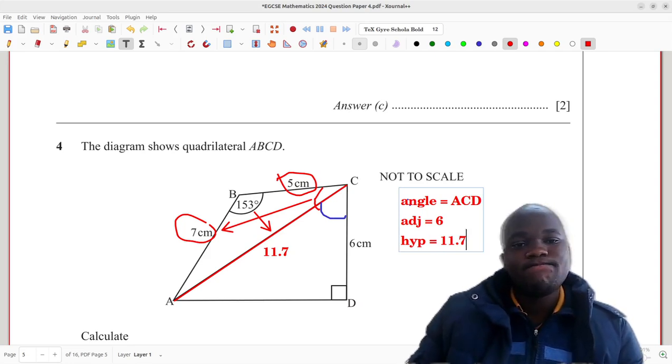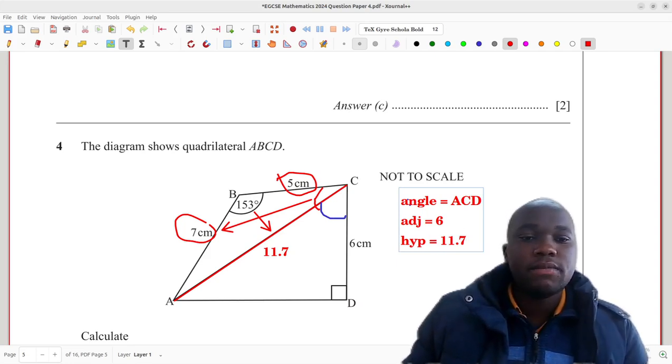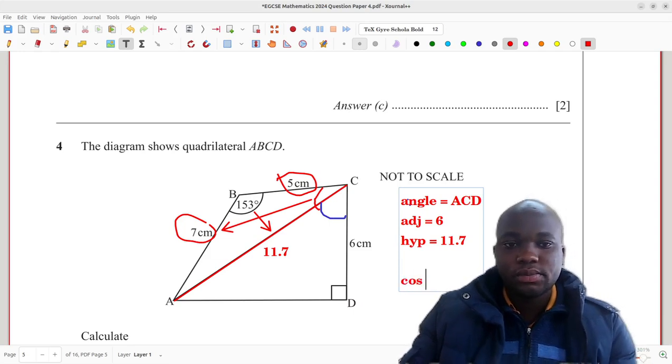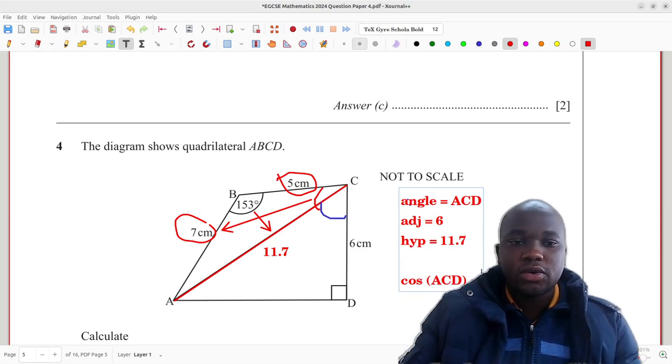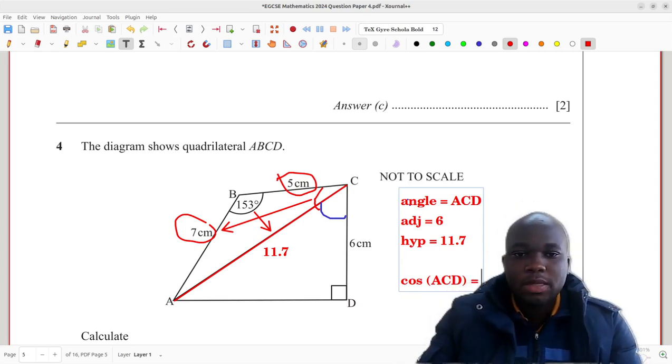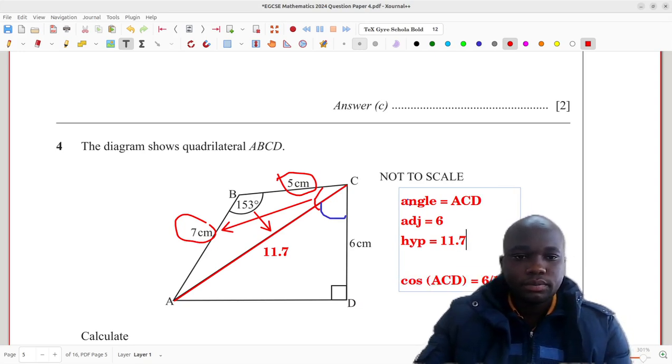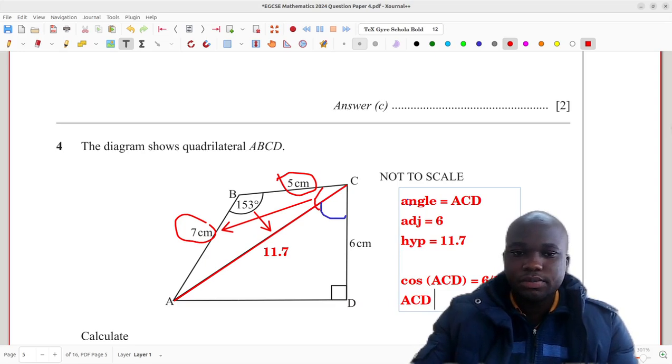So we have an AH, so we are using cos ACD equals adjacent, 6, over hypotenuse, 11.7. To find the angle, ACD equals the arc cos of 6 over 11.7.